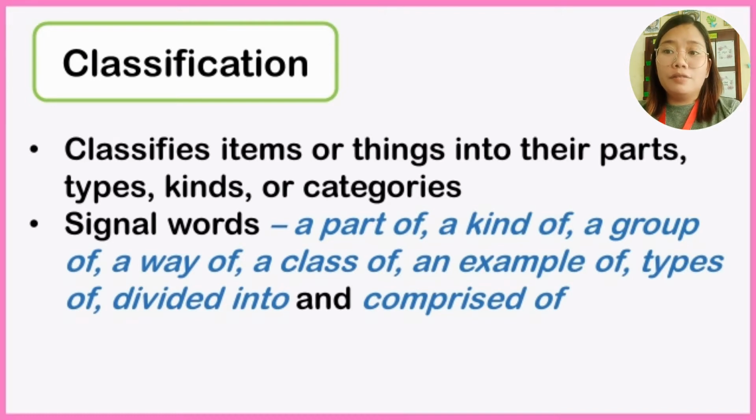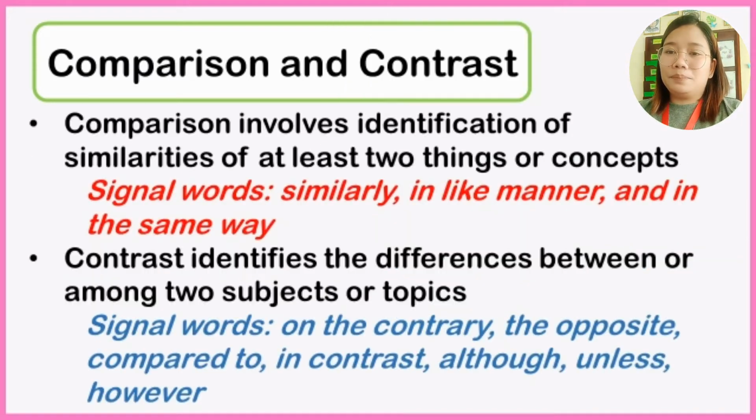A part of, a kind of, a group of, a way of, a class of, an example of, types of, divided into, and comprised of. Marami ding mga signal words na pwede mo pang magamit when you use classification in writing.